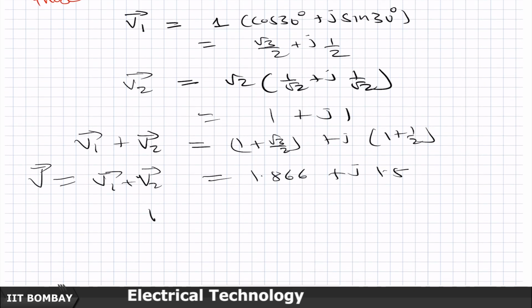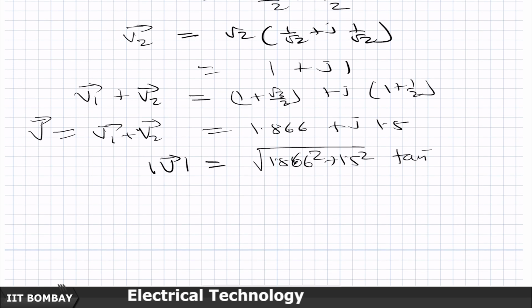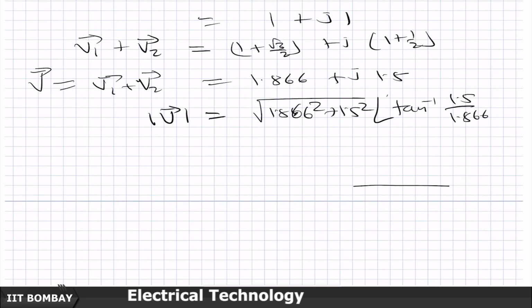The magnitude of this vector v is nothing but square root of 1.866 square plus 1.5 square, and the angle that it has, this is the polar notation, is tan inverse of 1.5 by 1.866. Geometrically, make this as 1.866, make this as 1.5, connect this, and this is your vector v, and this is the angle theta, which is tan inverse of 1.5 by 1.866. It is in the first quadrant.